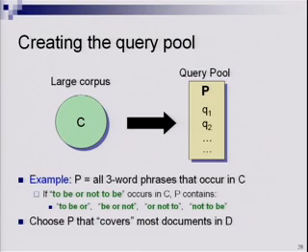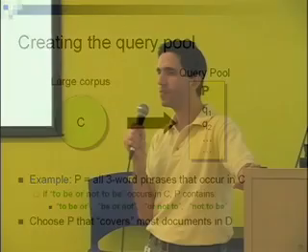One important point is, note that since we create the pool from some corpus, and this is a relatively small corpus, just a few millions of pages, there is a possibility that there are documents on the web that are not covered by this pool of phrases, meaning that they do not contain any of the phrases in the pool. If you have a document like that, our sampler will have zero probability to get to that document.